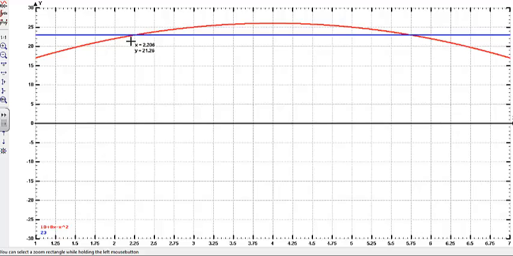So I think this is the center. 3.5 would be the, no, 3.75 would be the center. 4 would be the center, yeah. So we'll just do some symmetry here. So we'll say 1, 2, 3, 4, 5, 6, 7. 7 and a little bit, so multiply by 2, so I'll say 15.